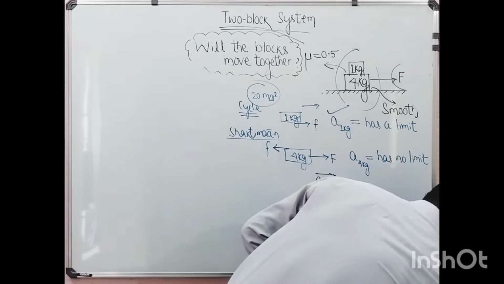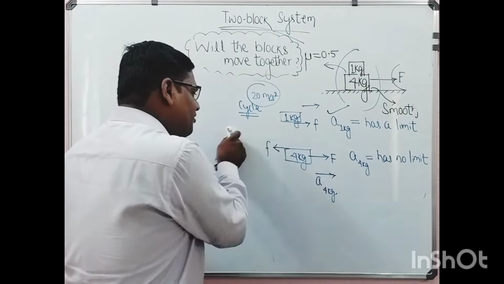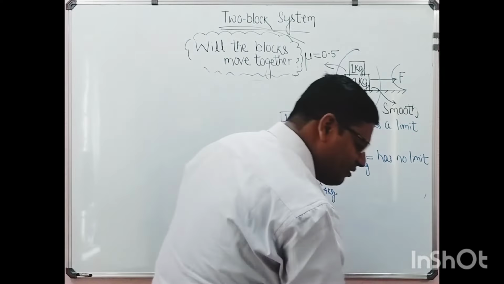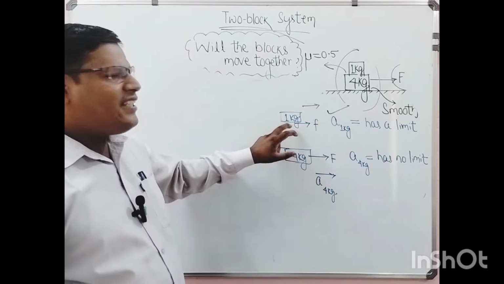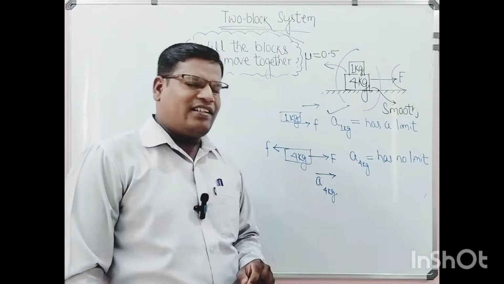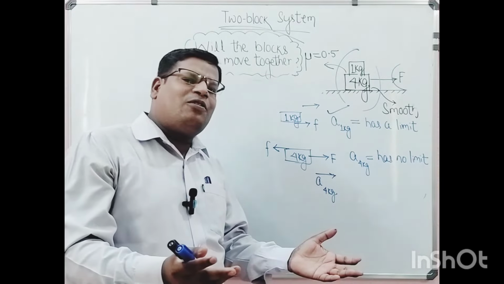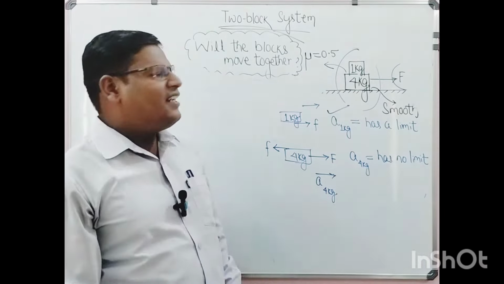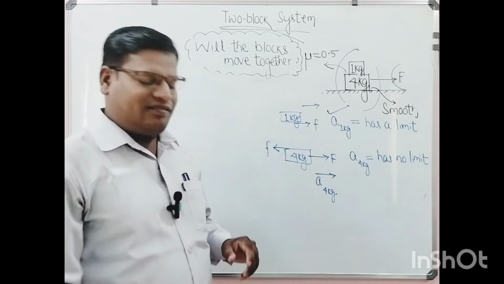Similarly, here also, the acceleration of this block has a limit and the acceleration of this block doesn't have a limit. So the maximum acceleration up to which they can move together means the maximum acceleration of this block.